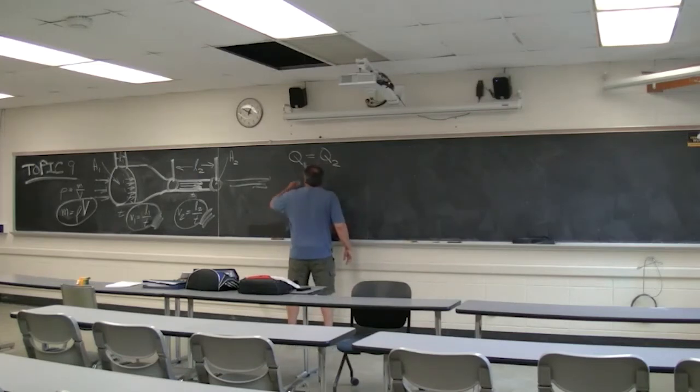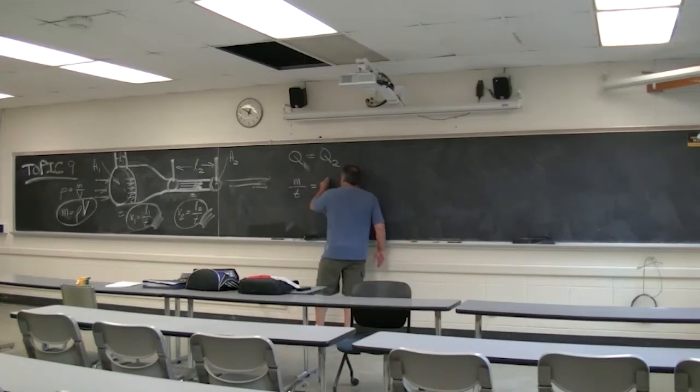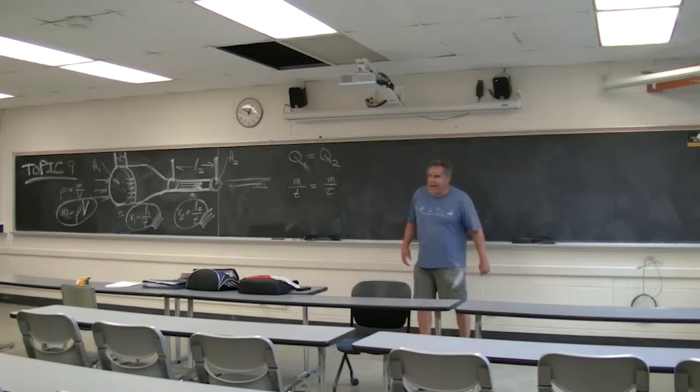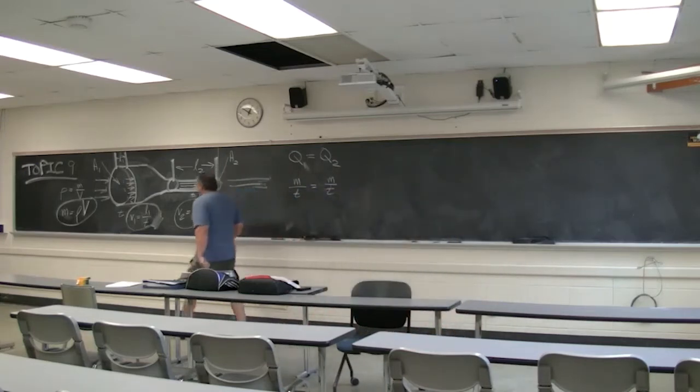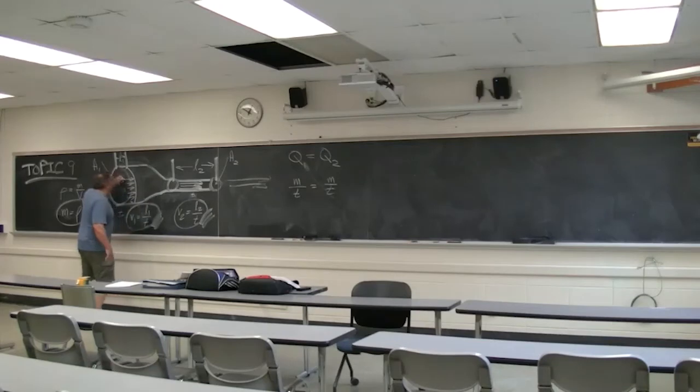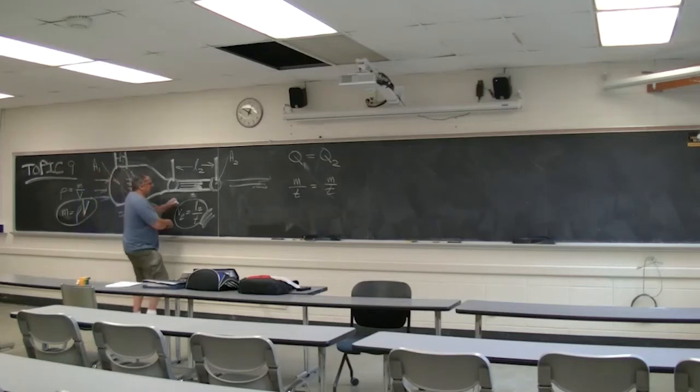There is the same amount of mass per unit time that goes through each of these. I know, what are you talking about? Well, I'm saying right here it's flowing real slow. It's flowing real slow right here, but that volume is the same as this volume.